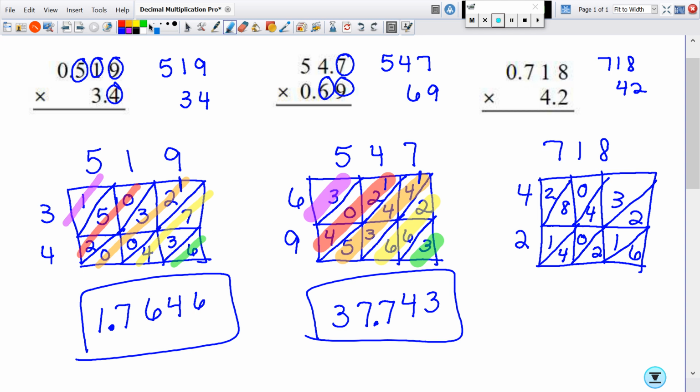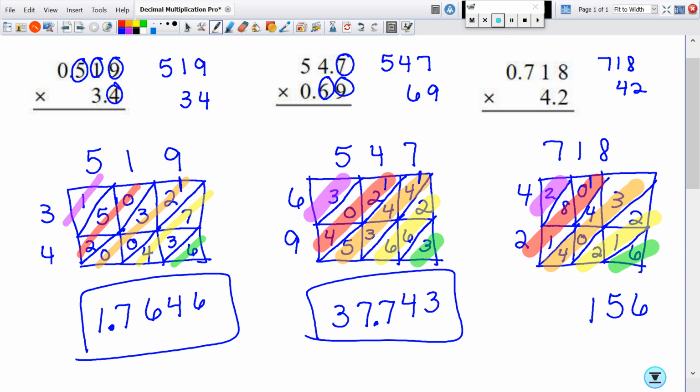I'm going to color my diagonals. Okay, now I'm going to add the diagonals. So I have a 6. 2 plus 1 plus 2 is 5. 3 plus 4 plus 4 is 7, and 4 is 11.